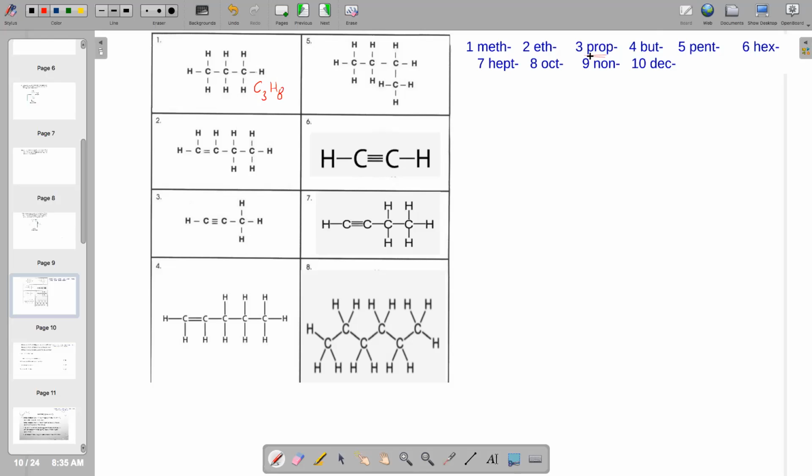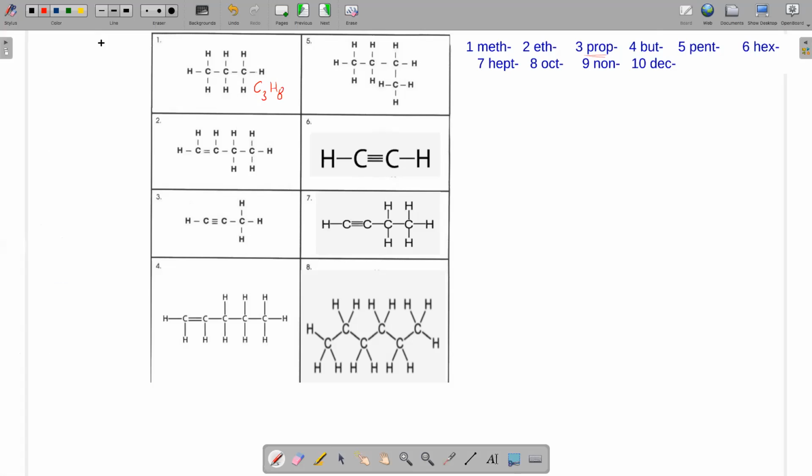There are two different ways you can come up with the name. One of them is when you look at the bonds, they're all single bonds. Because they're all single bonds, it must have the name of an alkane, because alkanes have single bonds. So because there are three carbons in a chain and it's an alkane, it's just propane. The other way you can know that it's an alkane, or ends with -ane, is based upon the chemical formula.